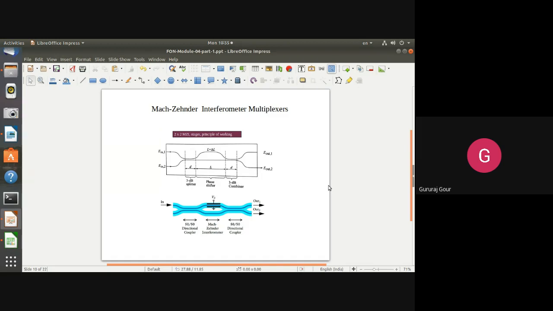Only 10% of the reflected light will be coming out. So only those lights which are coming in phase will be constructively added and going out of this device. The same concept will be used here in this MZI multiplexer.